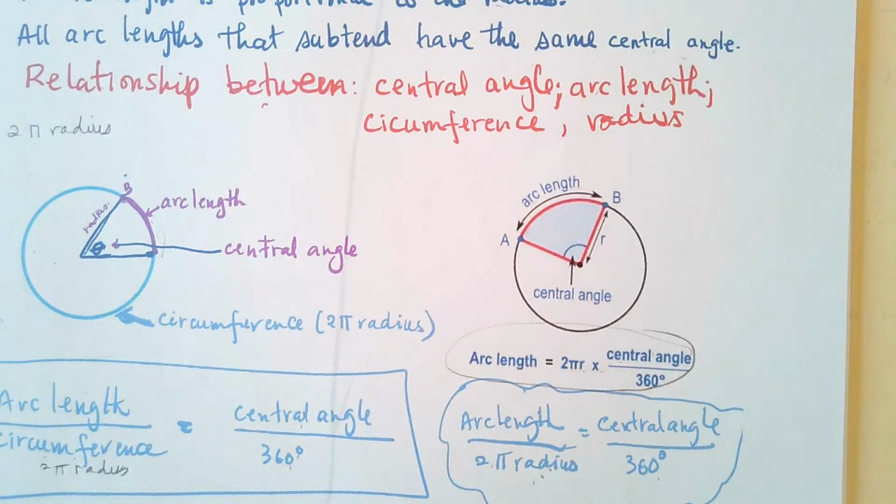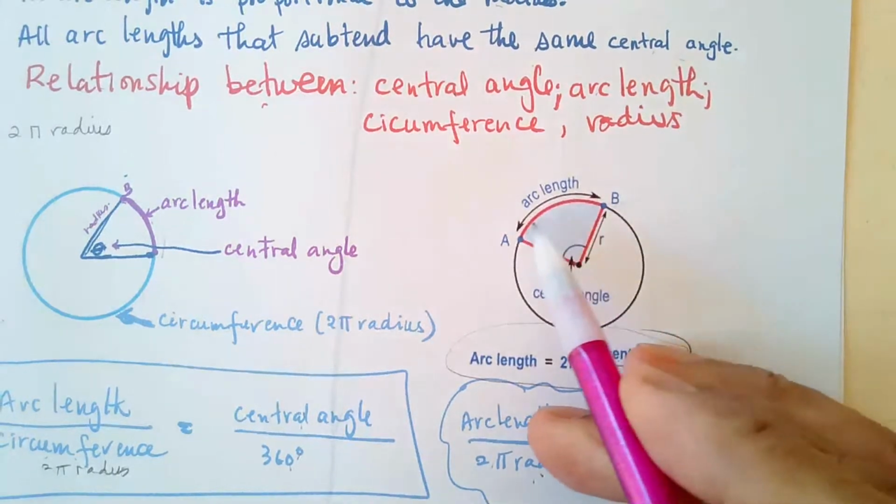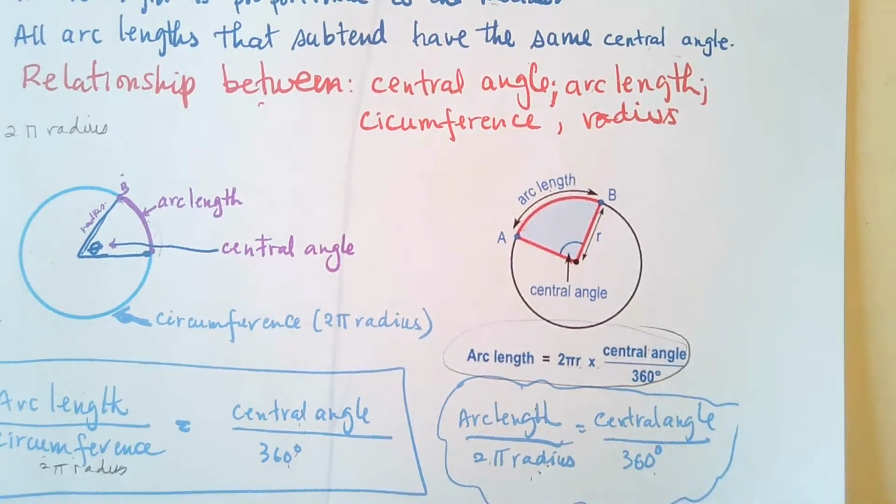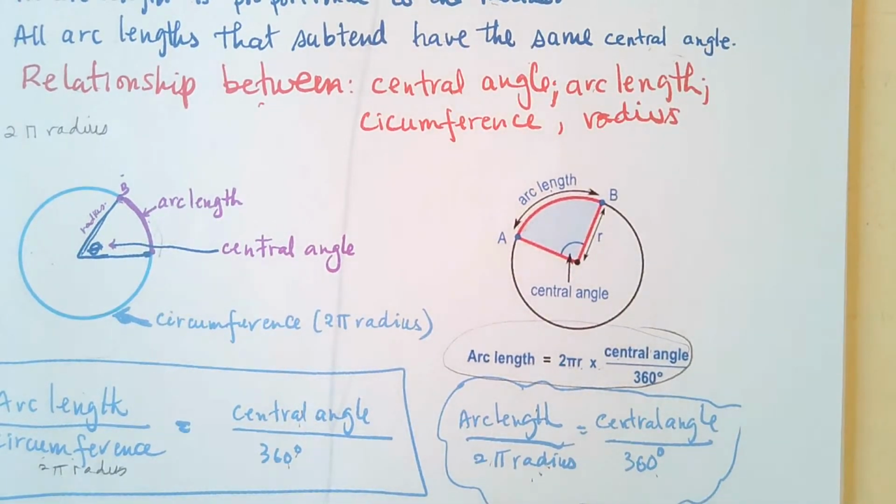More or less we're finding a part of a circle. We're showing one part, which is really the arc length. In the next lesson we will be looking at a different formula, which uses radians. But right now I will focus on degrees, though we can also use other units of measurement.